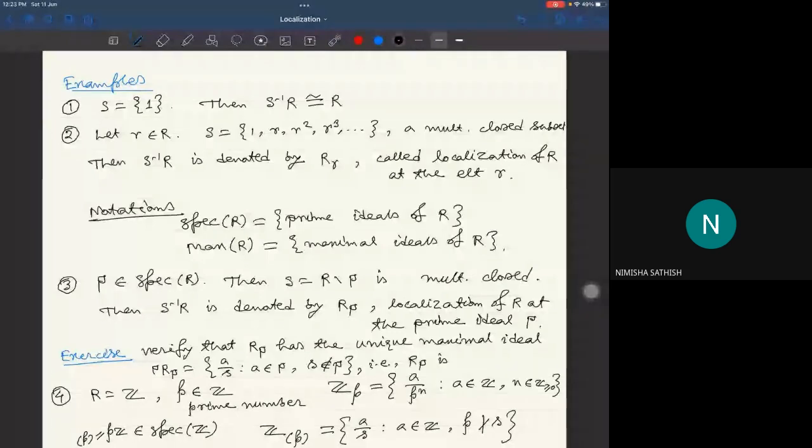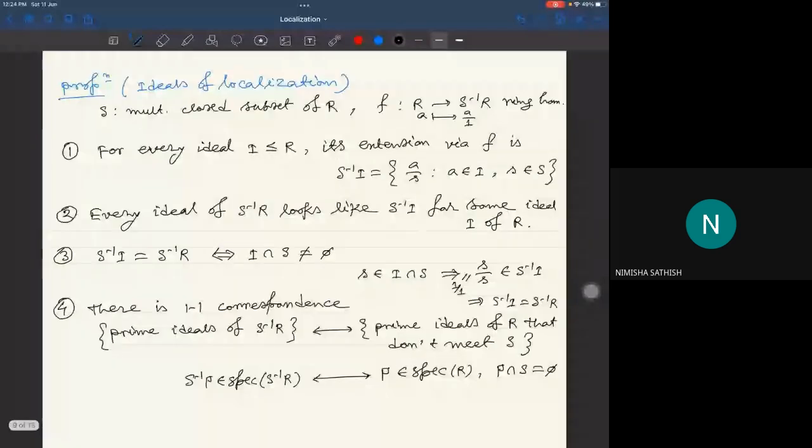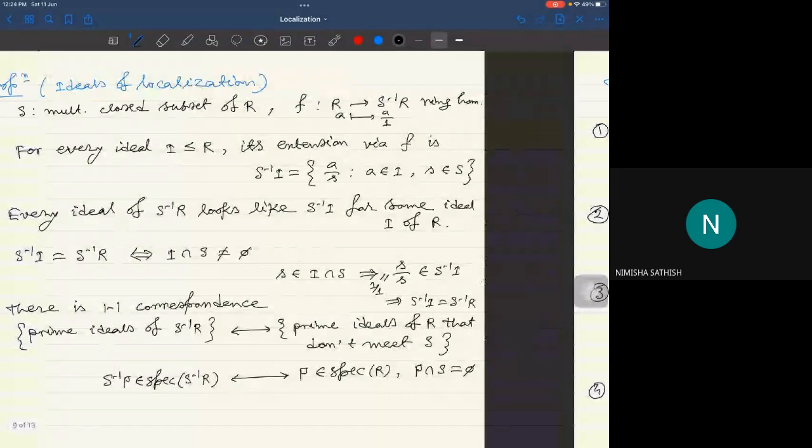This justifies why we call it localization. This is one instance, and we will see other justifications for why we call it localization.